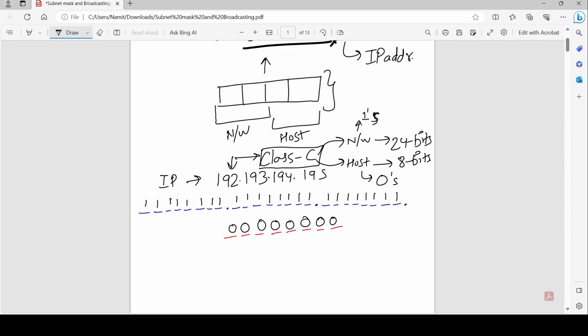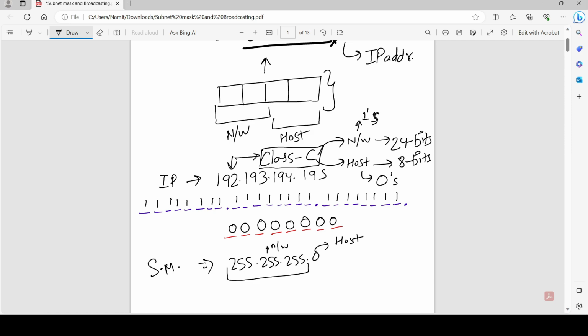So if you will find out the values, it would be something like this: 255.255.255.0, which is nothing but your subnet mask. With the help of subnet mask, we can identify, okay, these are all ones, it means these are part of network ID, and whatever is not one is a part of host ID.